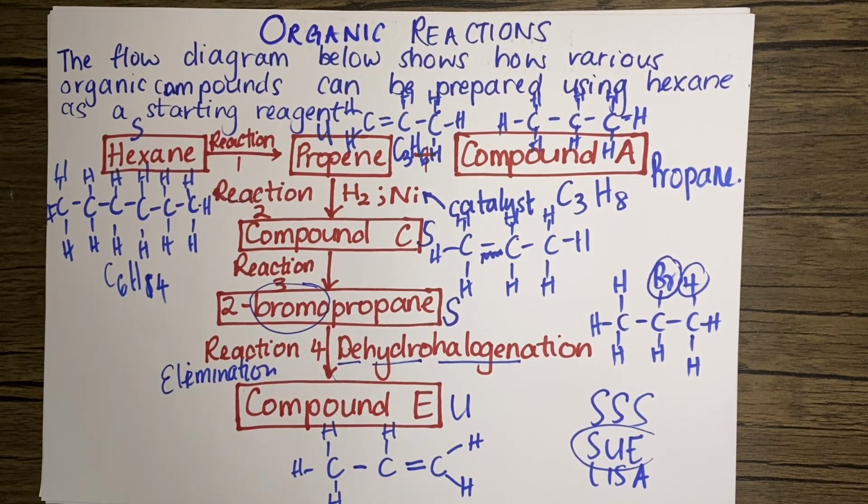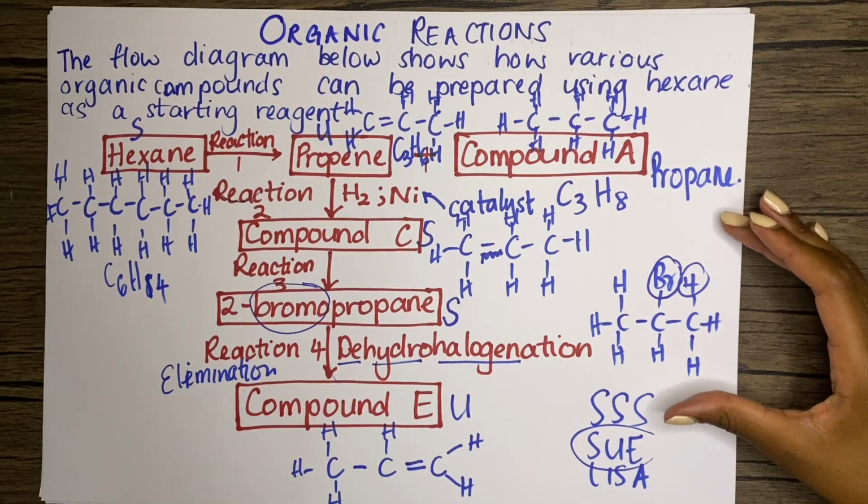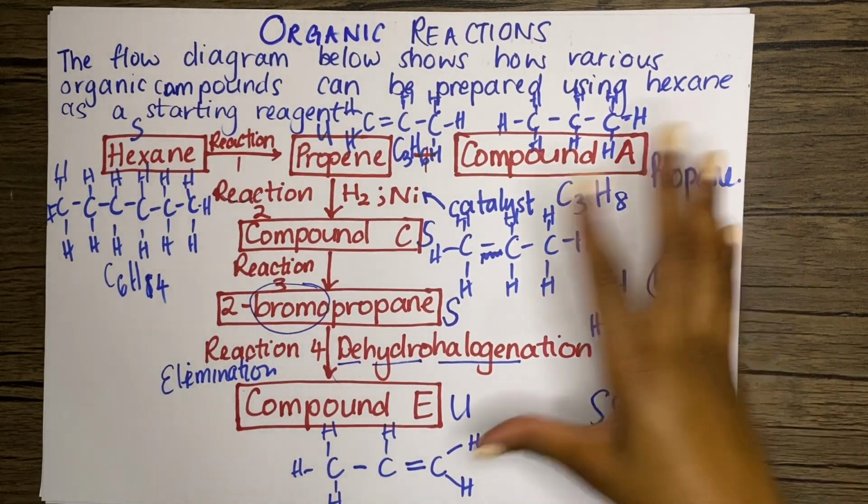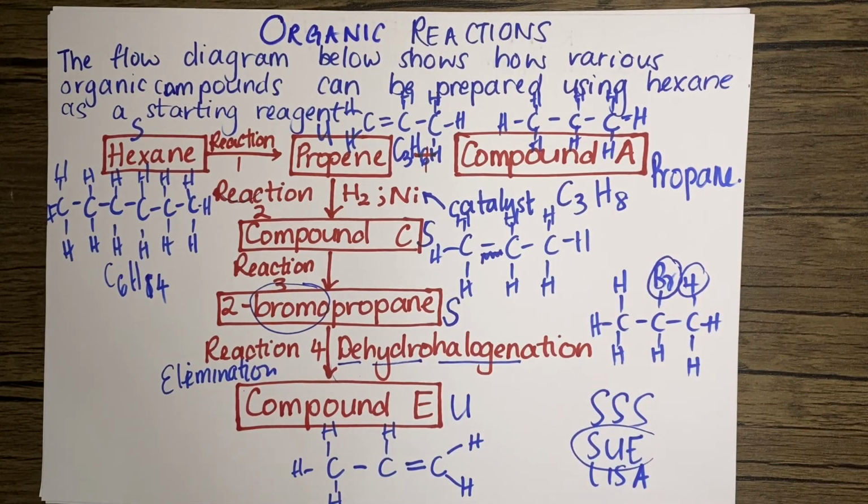And then make sure you're identifying, are you dealing with saturated or unsaturated compounds? Work through the diagram first and then answer the questions after working through the diagram. You see how I've broken it down? Any question that I get is going to relate to the answers that I have here.